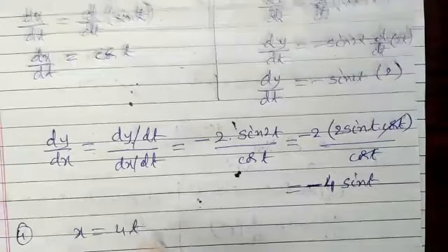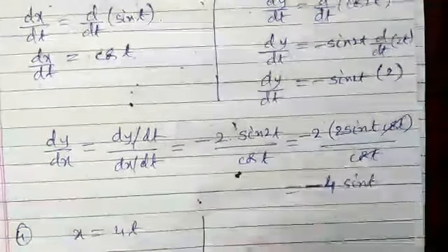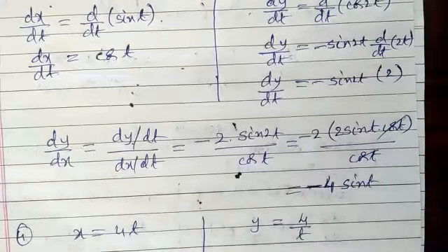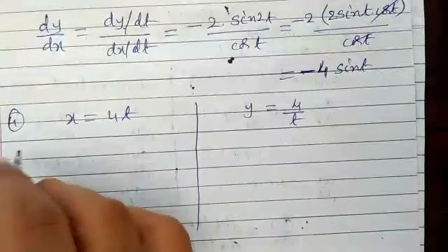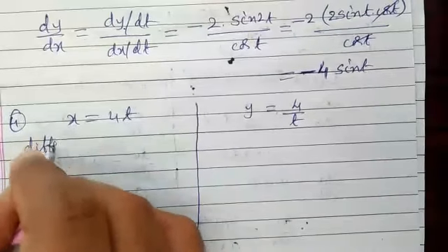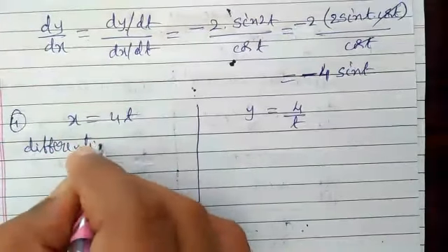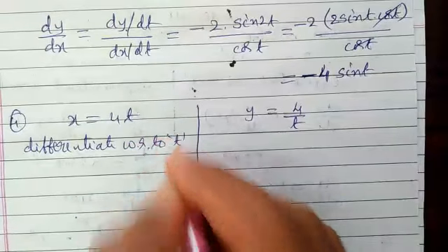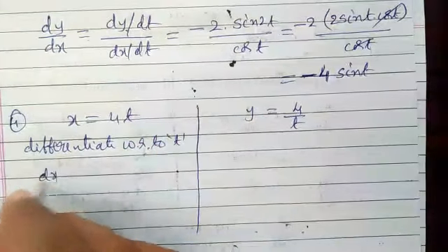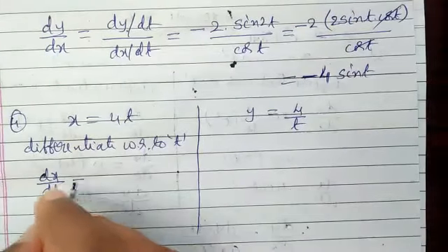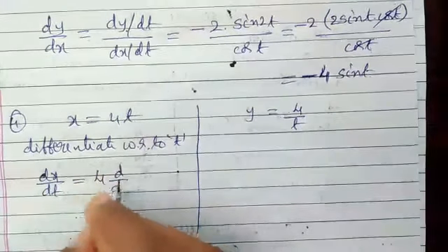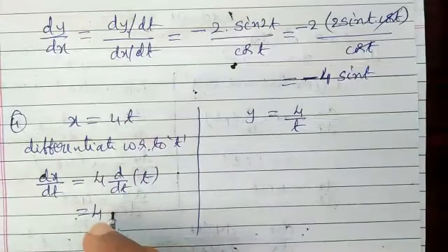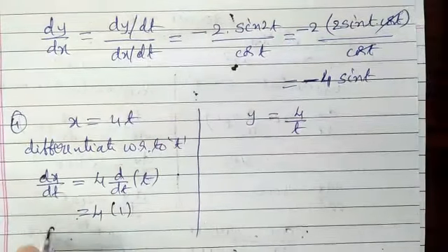Next, the fourth one. x is equal to 4t, y is equal to 4 by t. Differentiate with respect to t. dx by dt is equal to 4 into d by dt of t, and d by dt of t means 1.